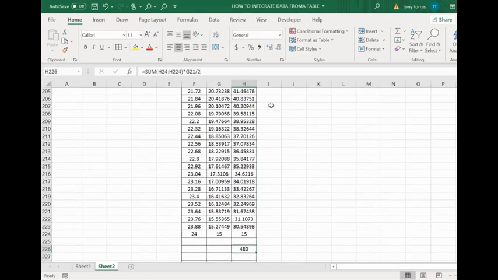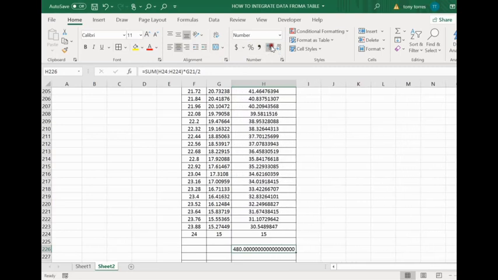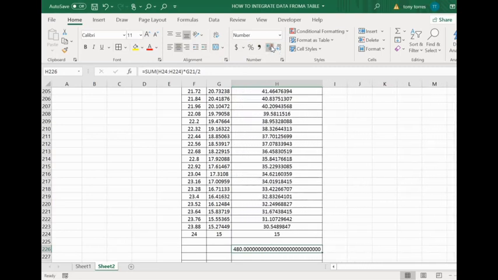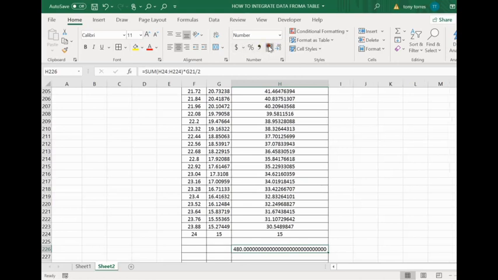480. Let's see if there's anything hiding there. Wow. Nope. It looked good. I mean, it seems like that's the analytical value. No decimal places, nowhere. And that was with what?